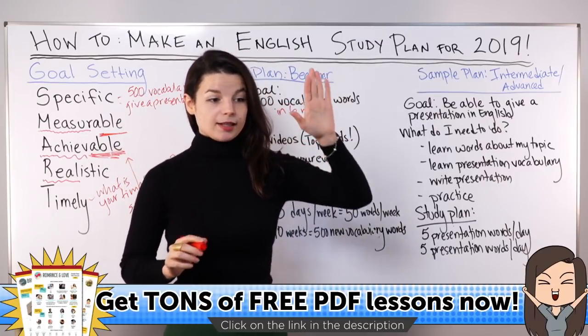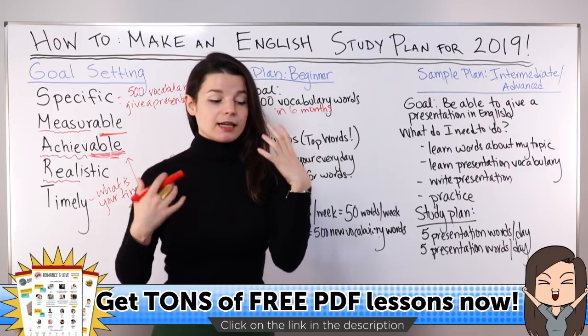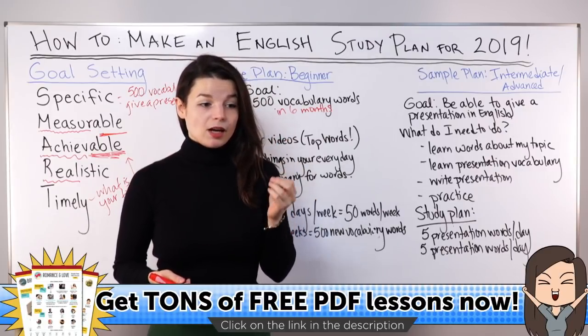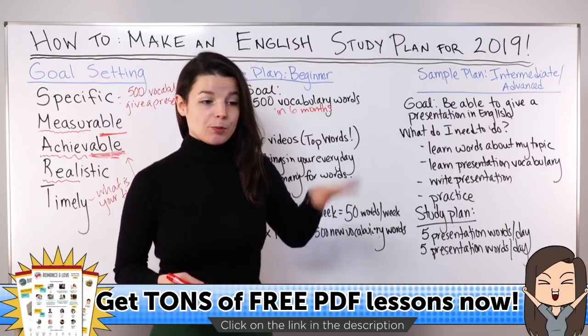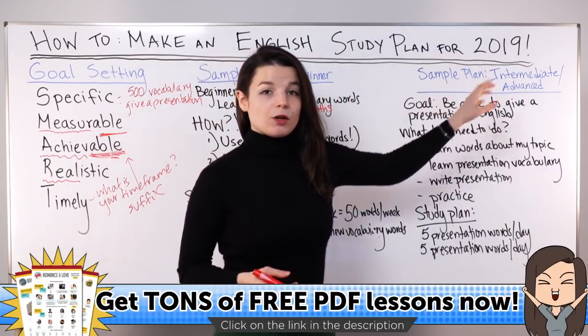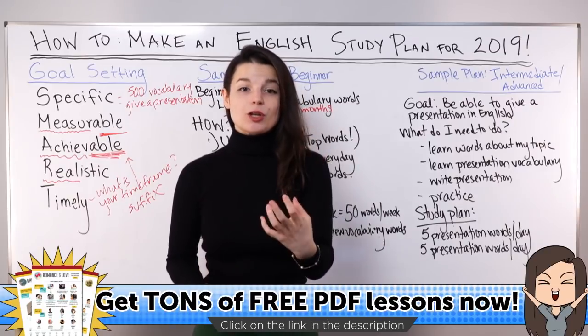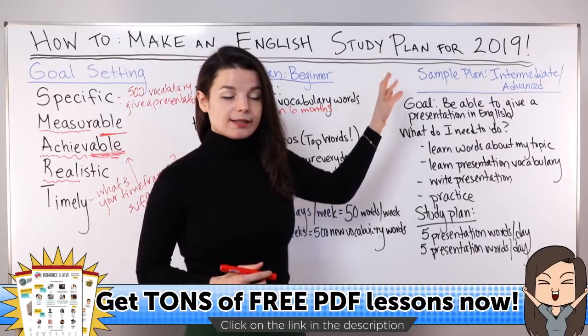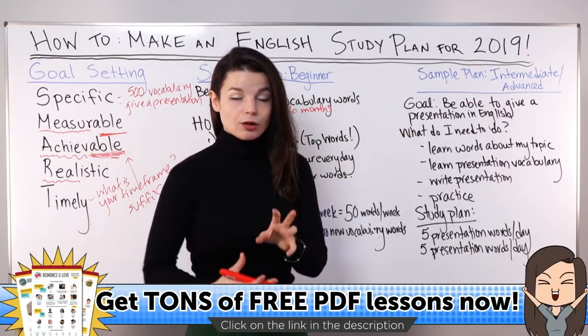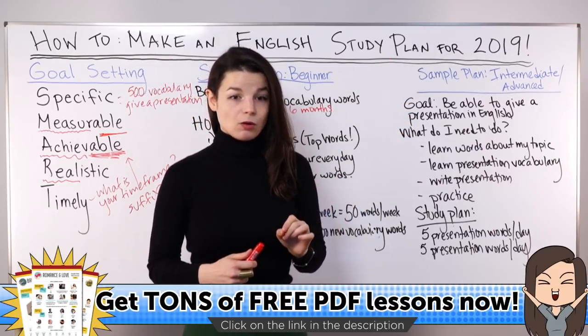If you're just joining today, we are talking about making sample study plans for your English learning in 2019. So the point here is to review how to achieve your New Year's resolutions. I'm going to go now to a sample plan for an intermediate or an advanced goal.